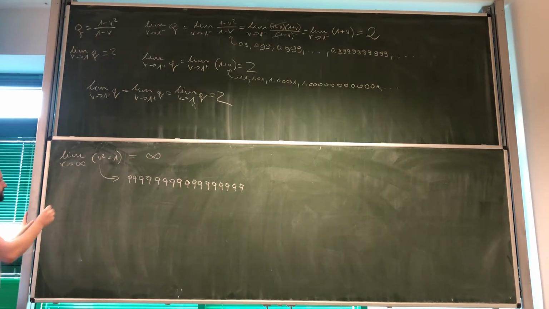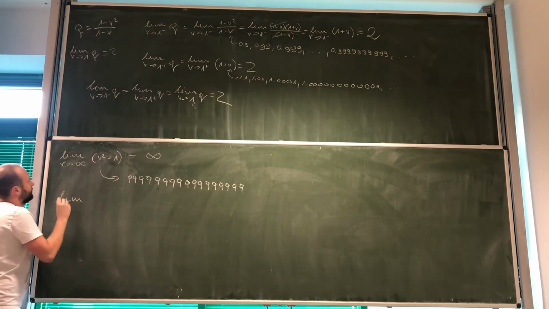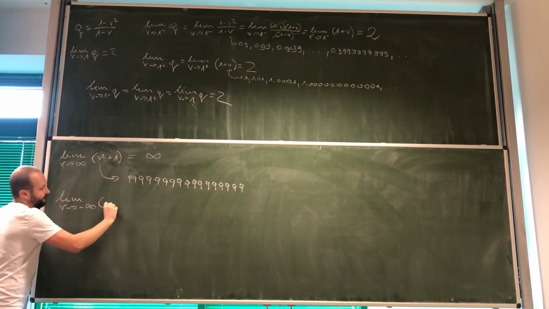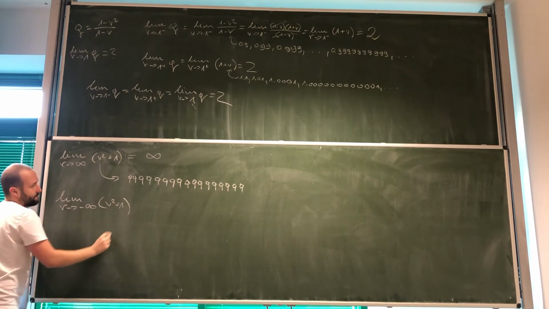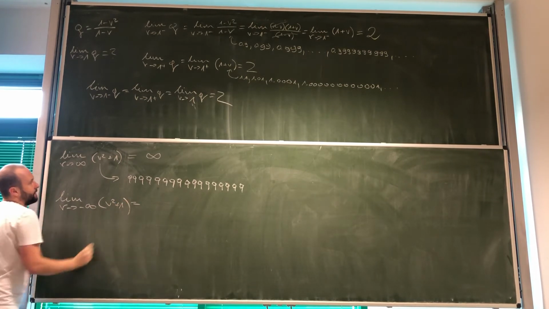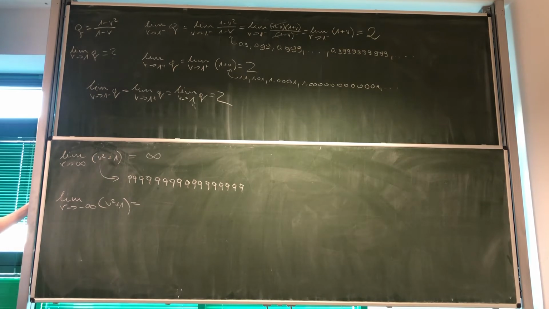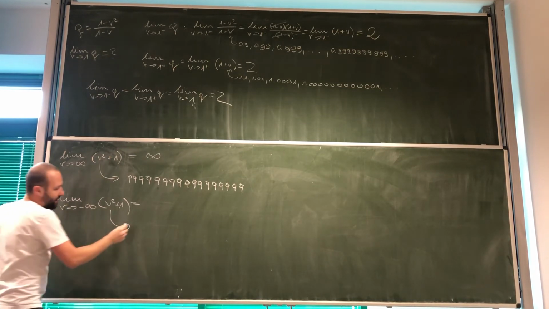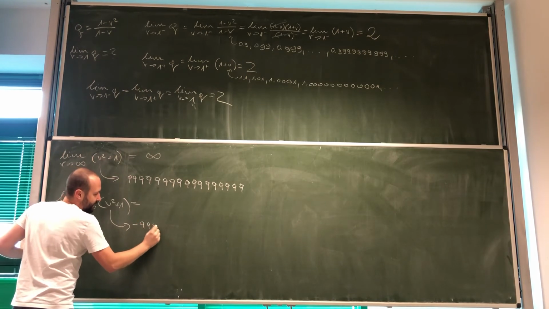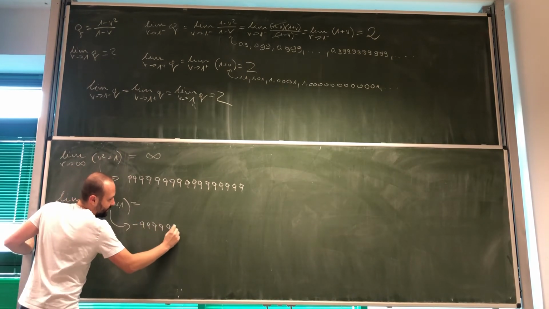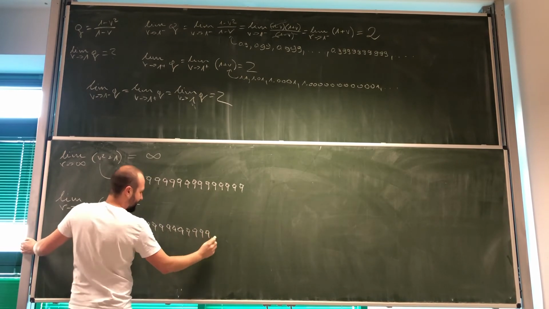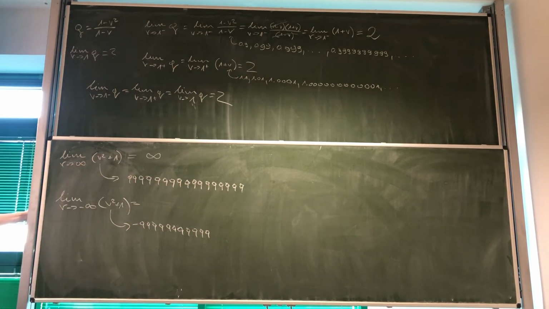And what about the same function, but with v approaching negative infinity? So what number now should approximate negative infinity? How about negative 9, 9, 9, 9, 9, 9, 9, and so forth, right?